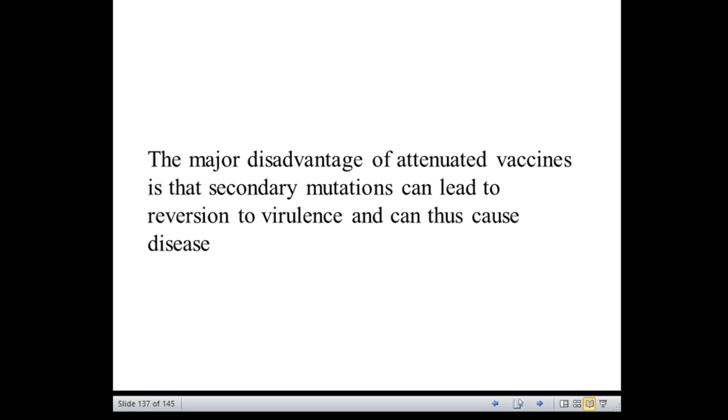That means they also have the capability to change or mutate. So the major disadvantage of attenuated vaccines is that secondary mutations can lead to reversion to virulence, and thus there is a possibility that it causes the disease. And there is another possibility of interference by related viruses.